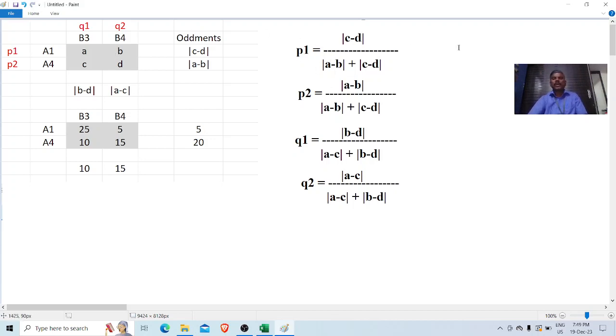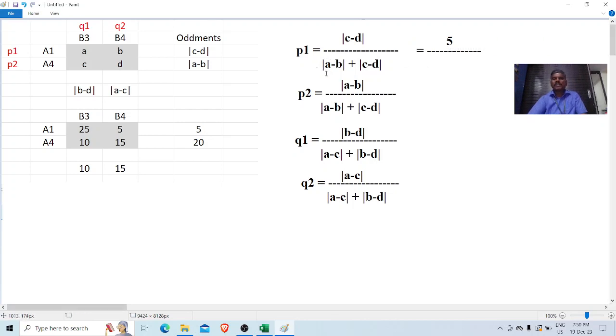We will substitute the values for all these modulus and we will find the probabilities. First, P1. P1 is equal to modulus of C minus D. Modulus of C minus D is 5. So the value is 5.